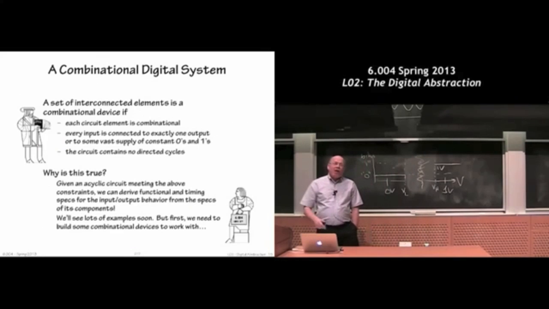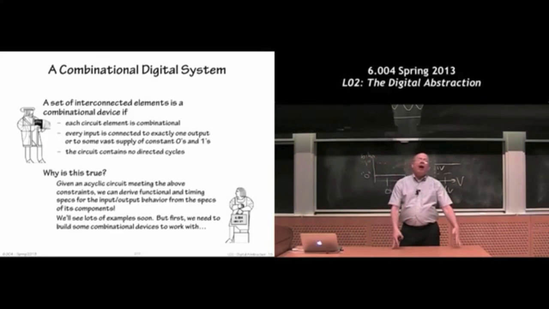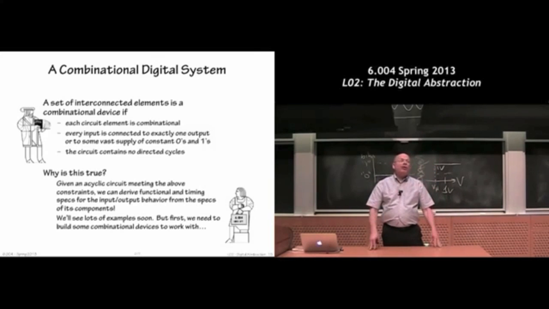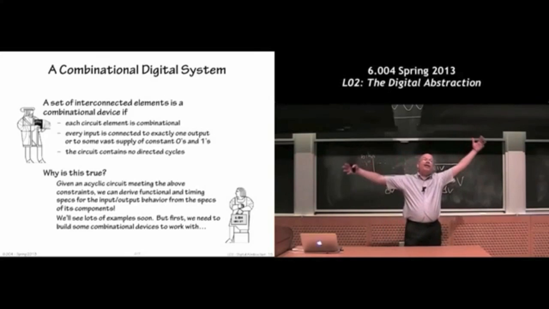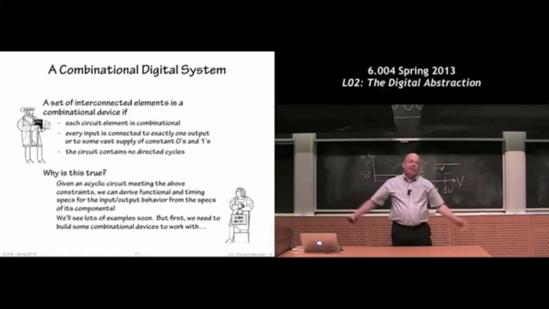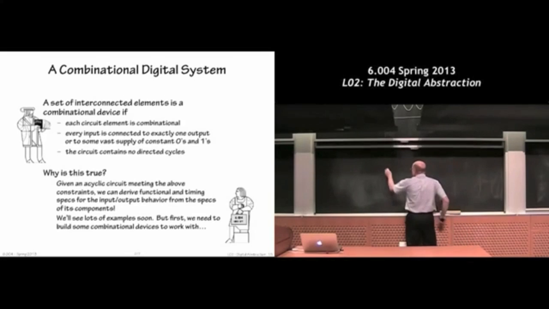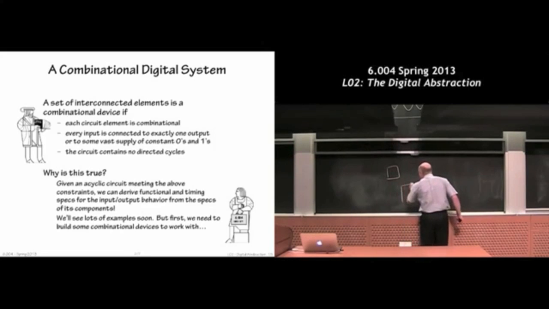Okay, so if I give you a whole box of combinational devices, and you hook them together such that no 2 outputs are shorted together and there are no cycles in the graph, I claim that the resulting device is combinational. Let me spend a quick moment outlining that reasoning. I'm going to draw a very simple circuit here.